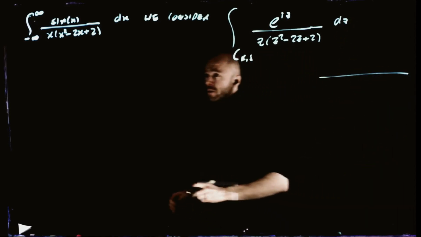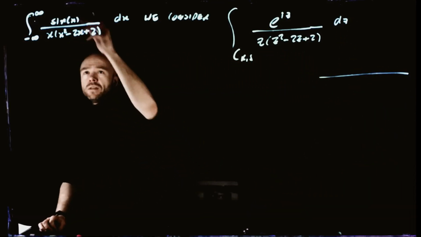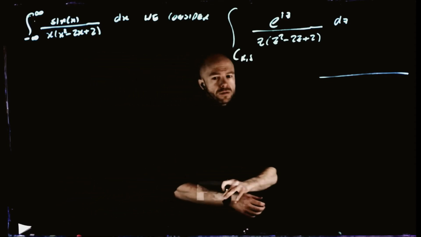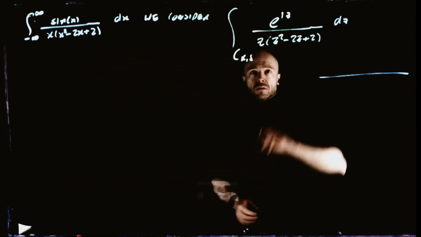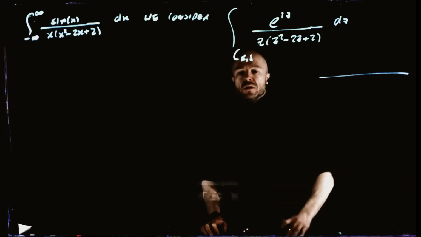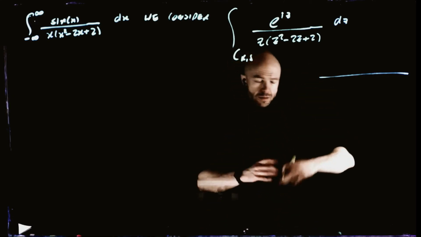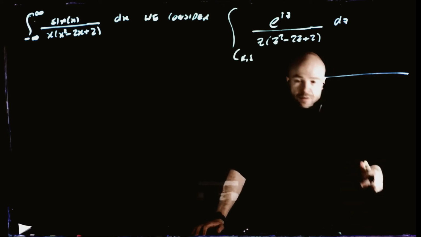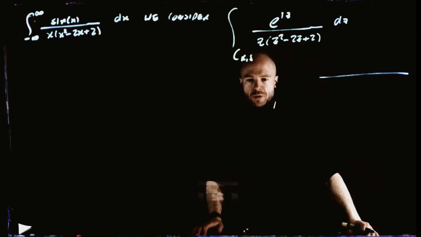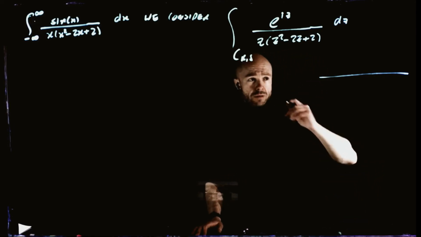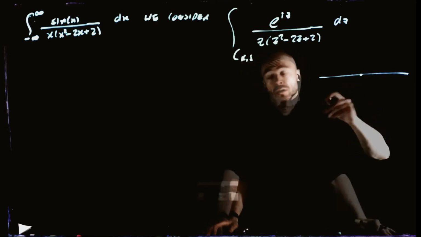So notice that the degree on the bottom is 3, the degree on the top is just 1, right? So in this situation, we do not need to actually use the rectangle. This standard semicircle will work perfectly well for us. So I'm just going to use the standard semicircle.